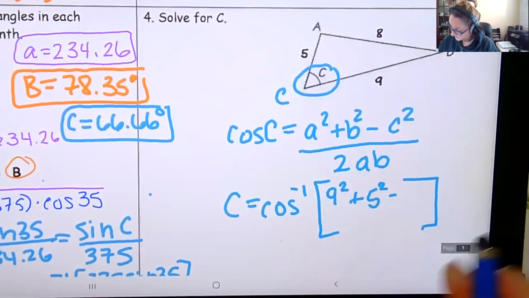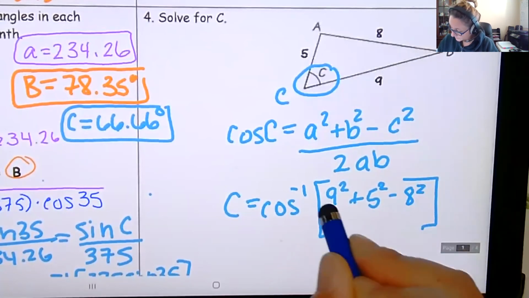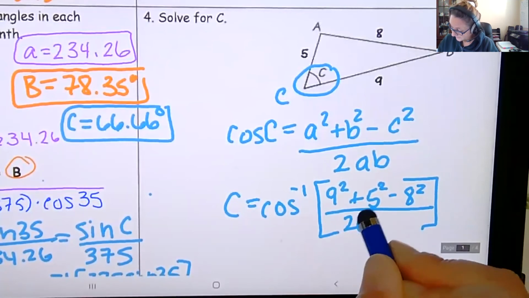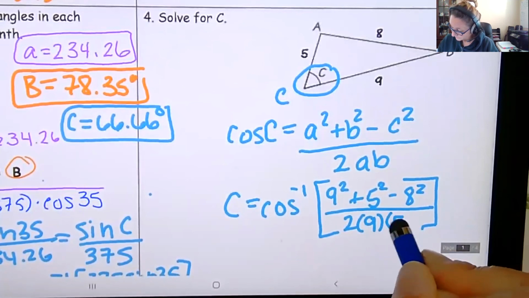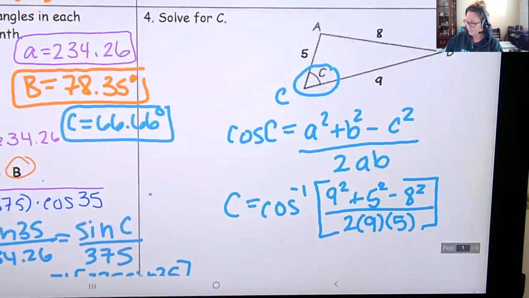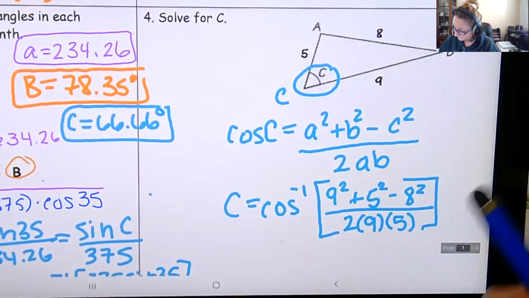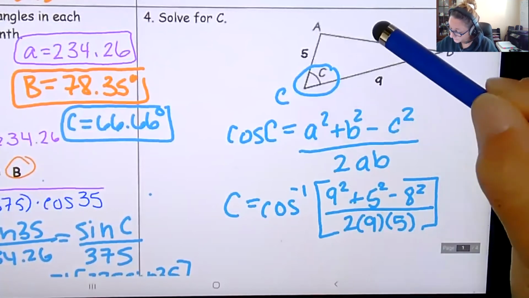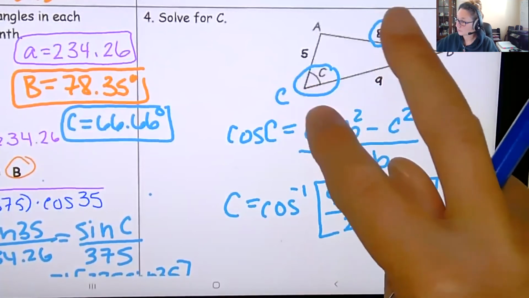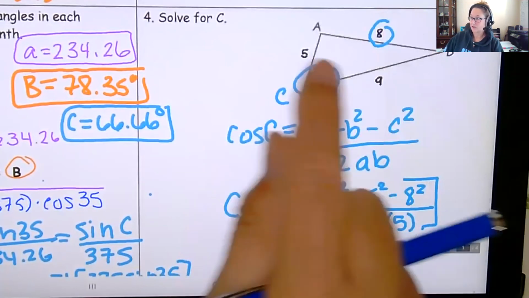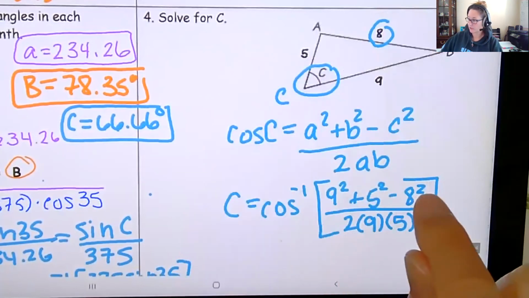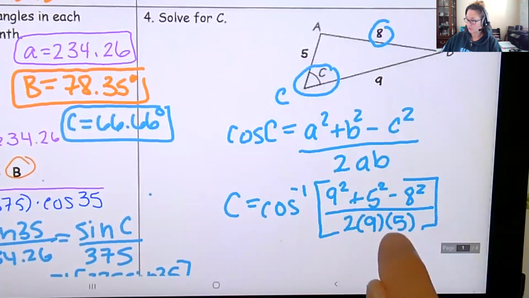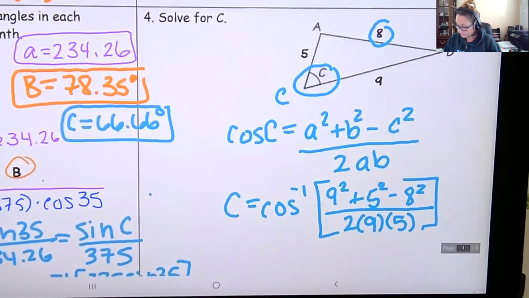I'm finding C, which is 8, all over 2 times my A and my B, okay? Now, maybe sometimes it might help if I focus that these two are the ones that match up. So the ones I didn't circle are the other ones, so my other ones are going to go here. And then I just put this straight into my calculator, and that's my answer.